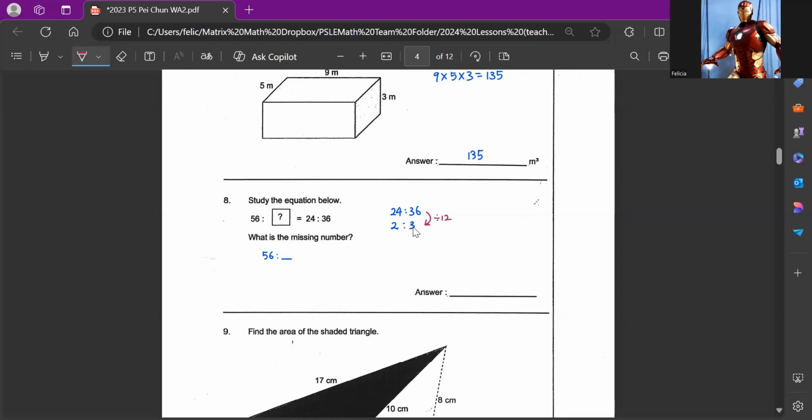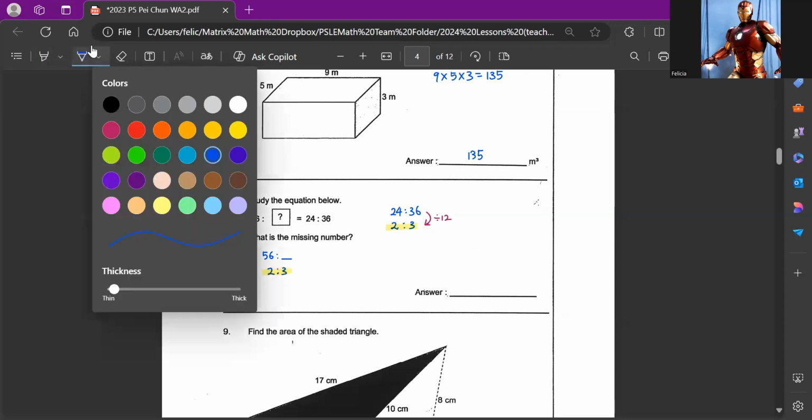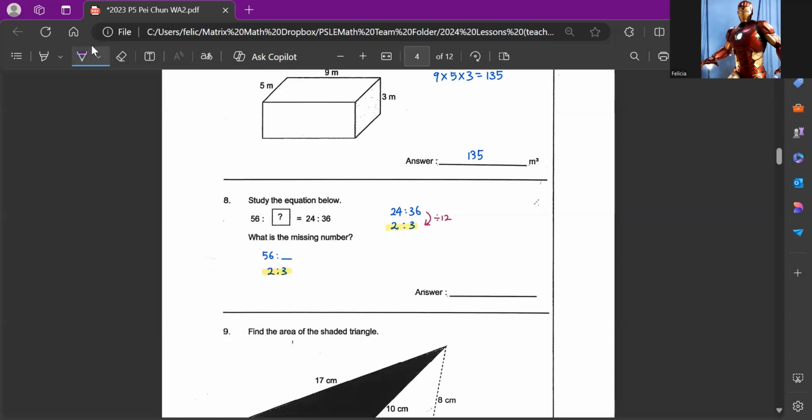Now, finally, using this 2 and 3, I can now park it here, 2 to 3. Then it'll be easier for me to tell the division already. So 56 divided by what gives me 2? 56 divided by 28 actually.